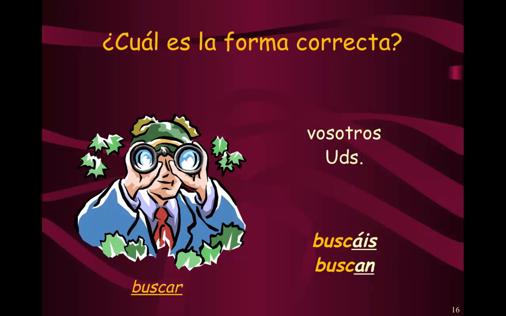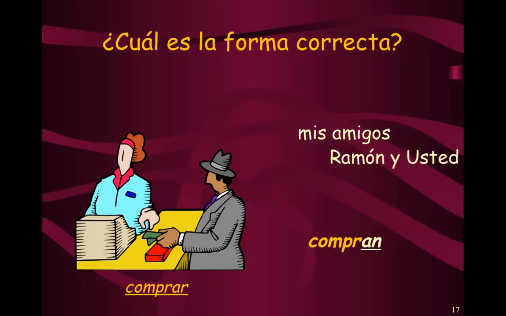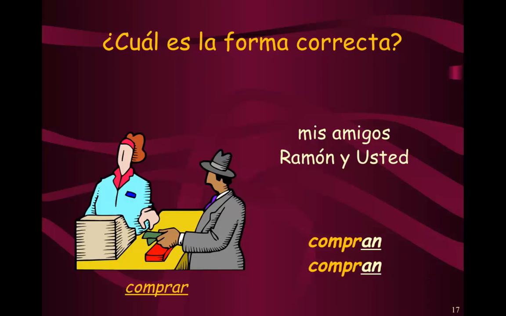Ustedes buscan. Comprar, mis amigos. My friends buy. They buy. Compran. Ramón y usted. Ramón and you. Y'all buy. So that would be ustedes. Compran. So anytime it's y usted, it'll be the ustedes form.